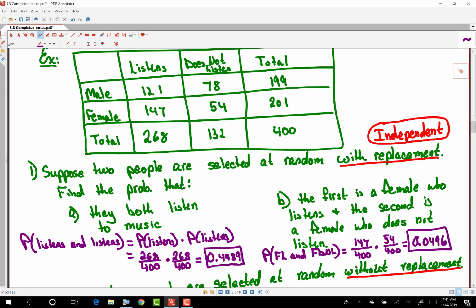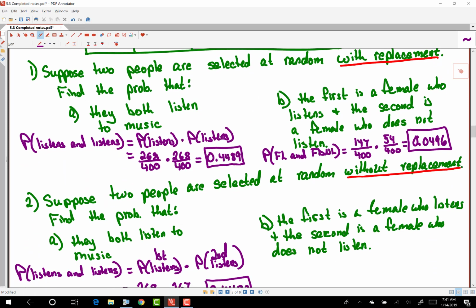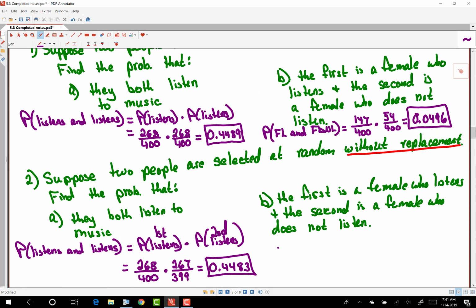Now let's rework it, this time as dependent events, when we do it without replacement. So again, we're finding the probability of a female who listens, and the second person is a female who does not listen. The first one's still going to be the same. There are 147 out of 400 who listen.